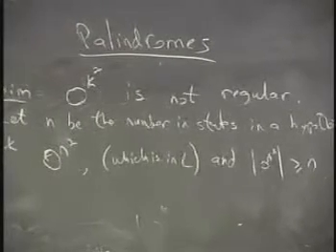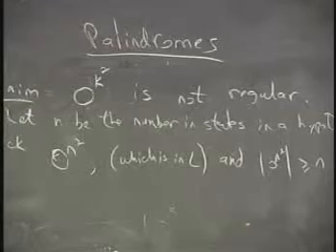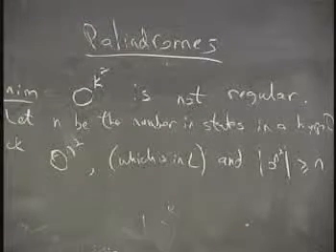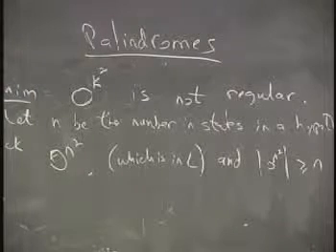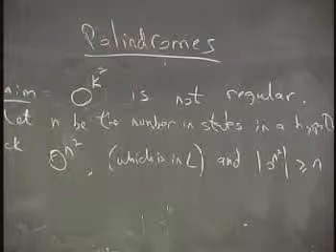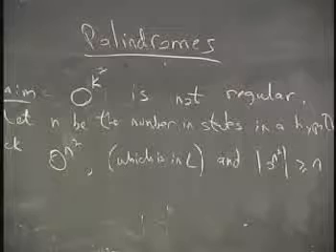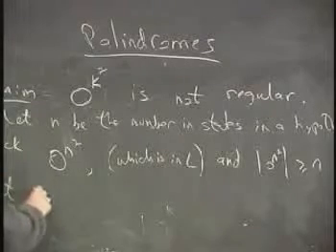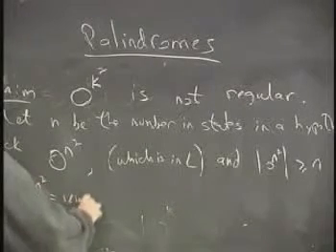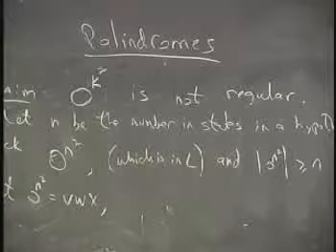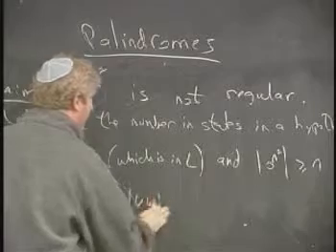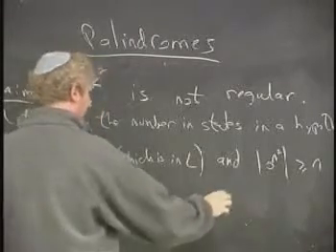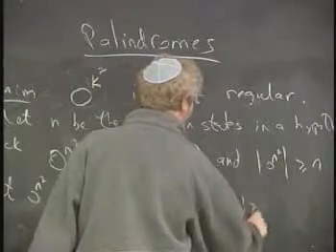Now I've gotten up to here. So far we got no trouble. Next step. The opponent does something, so we're going to use that let word again. Let 0 to the n squared equal VWX, where VW is less than or equal to n, and W is greater than or equal to 1.